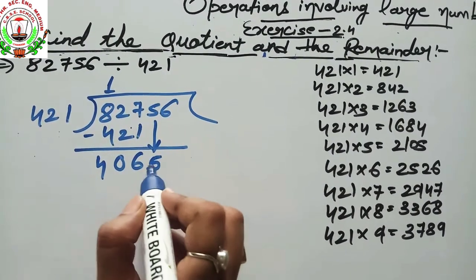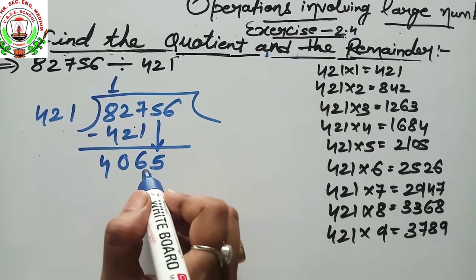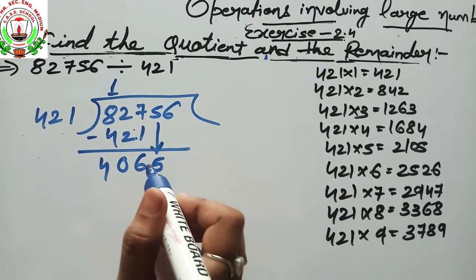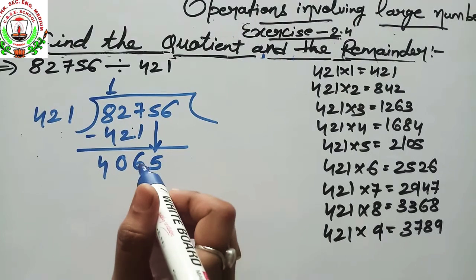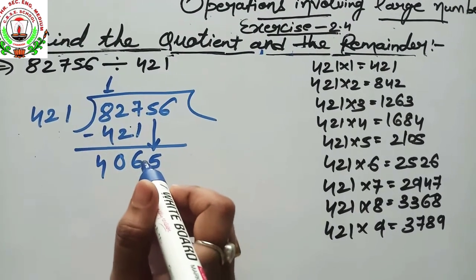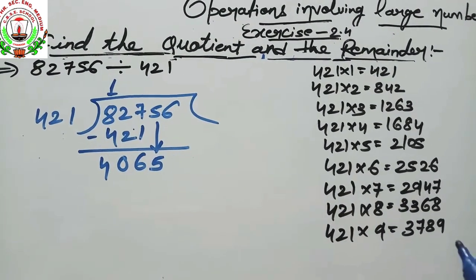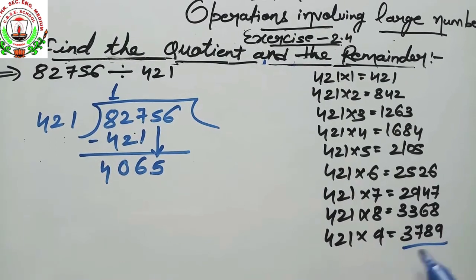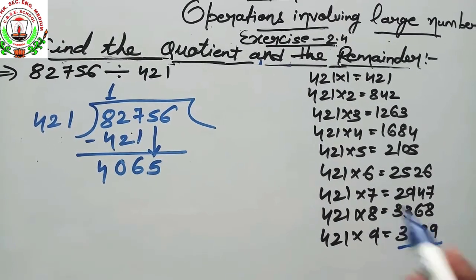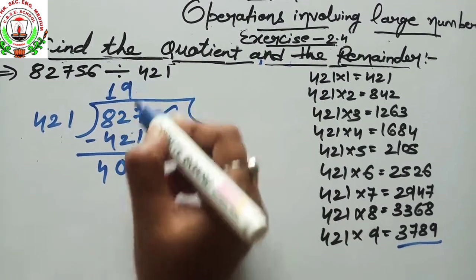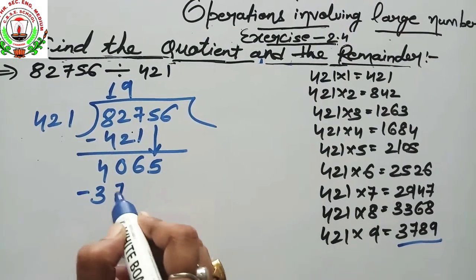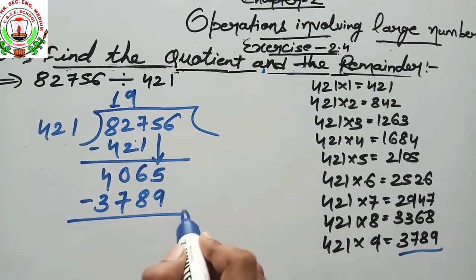Then 4065. We have to select the number which is less than 4065. Which number is less than 4065? We can see over here this only, that is 3789. It will come 9 times, 3789.